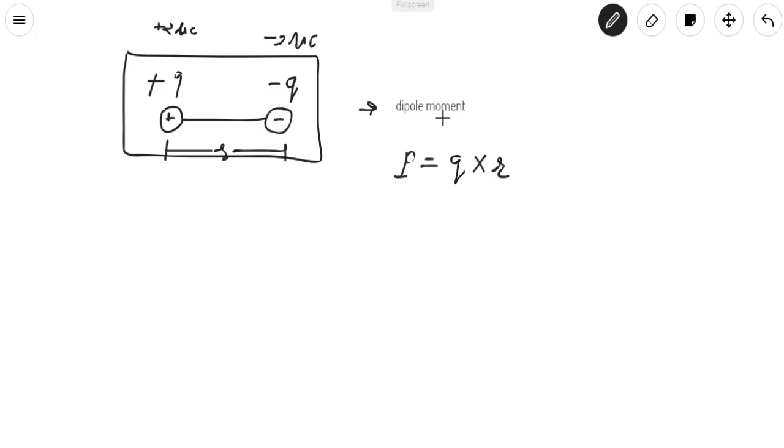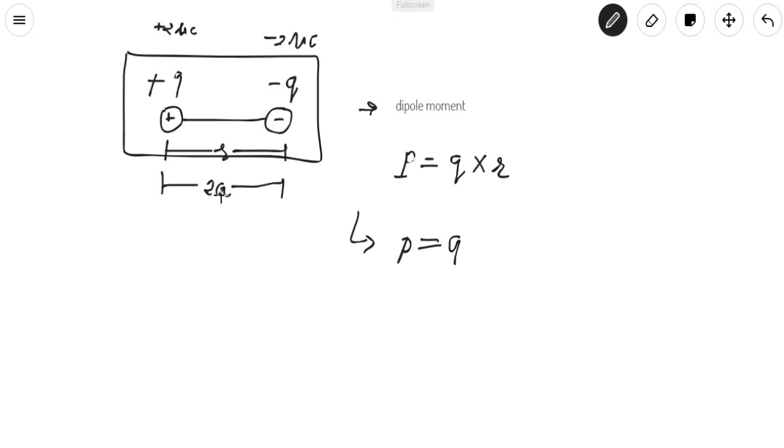So dipole moment gives us an idea of how much charge is in the system and what the distance between them is. That gives us the strength. But for the dipole moment we will use p is equal to q and the distance as 2a.